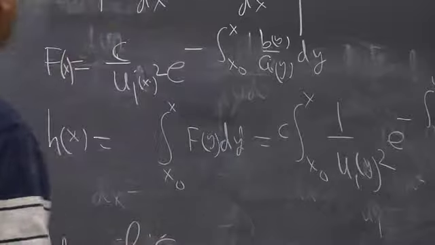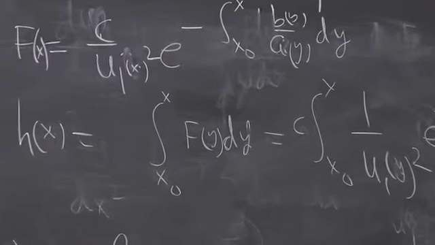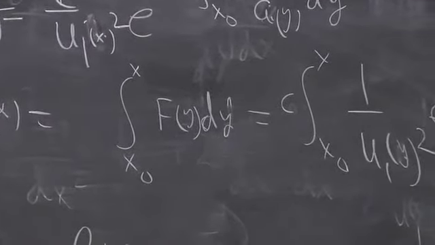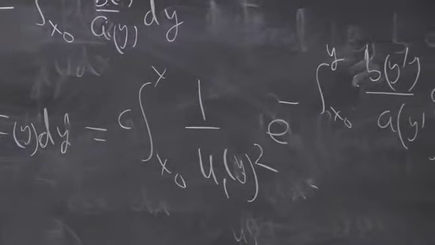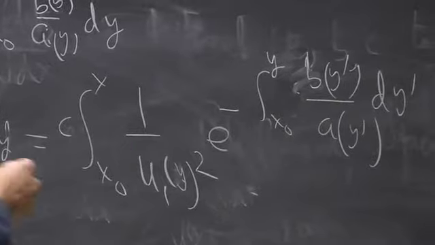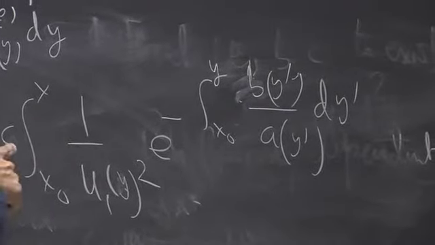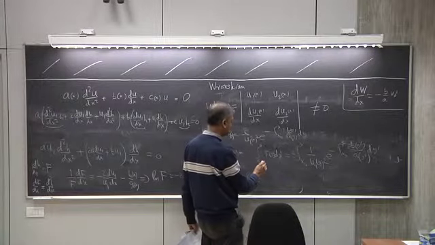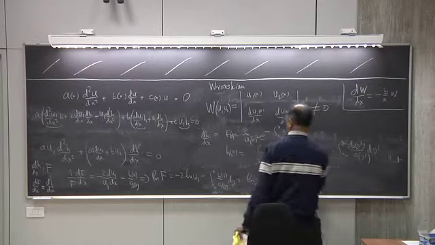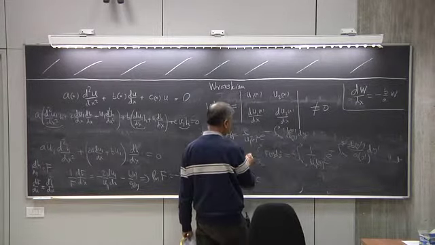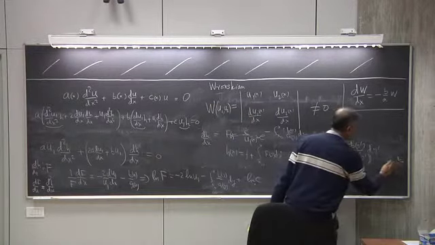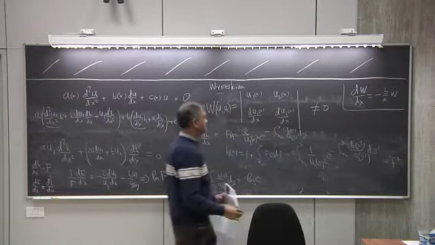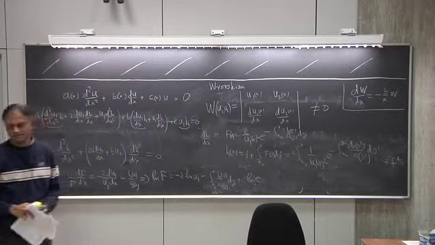That's plus a constant again, because what we have is dh by dx, so I'm now solving for h. Of course to this I can add any constant, another constant. This is one constant, this is another constant. So you can add something else, say small f. This is the constant, so plus f. This is the most general solution for h.